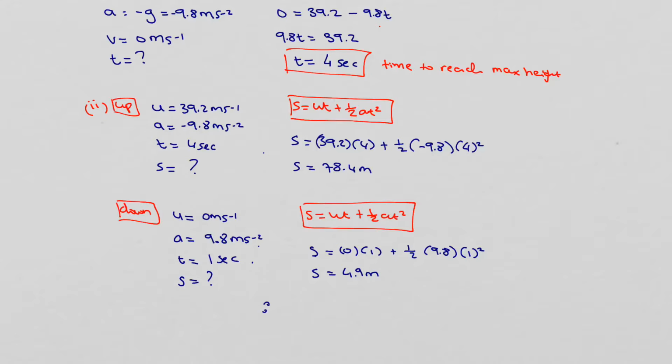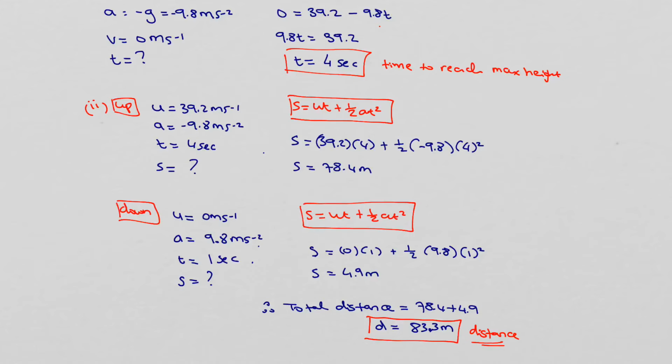So therefore we say the total distance, not displacement, the total distance would be the sum of the two of those together. So my distance travelled is 83.3 meters. I'm just putting in D there instead of S, because obviously normally we would use S for displacement, okay? So just again highlighting that is the distance in 5 seconds.